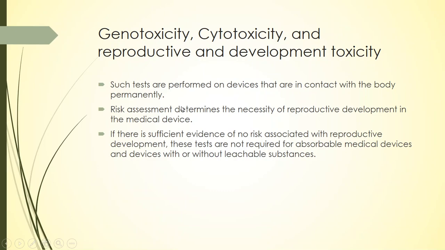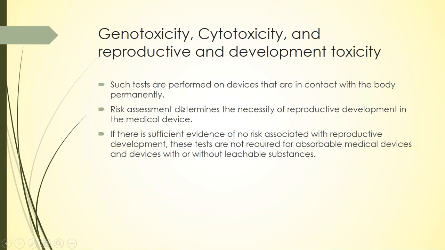These tests are performed on devices that are in contact with the body permanently. So reproductive and development toxicity cannot be tested in vitro, right? It has to be done in vivo, but you can do a risk analysis, right?